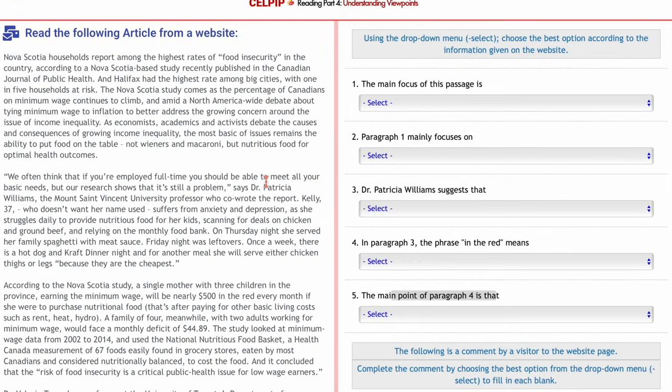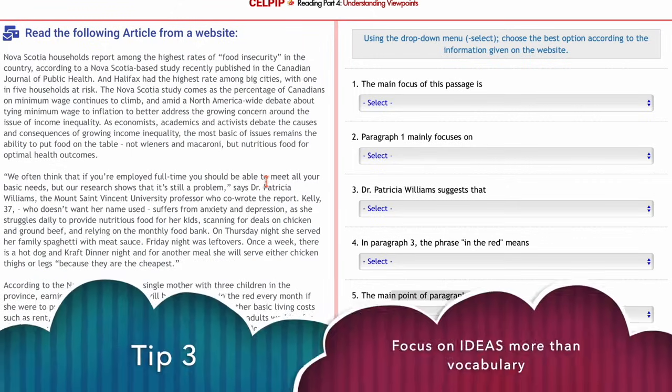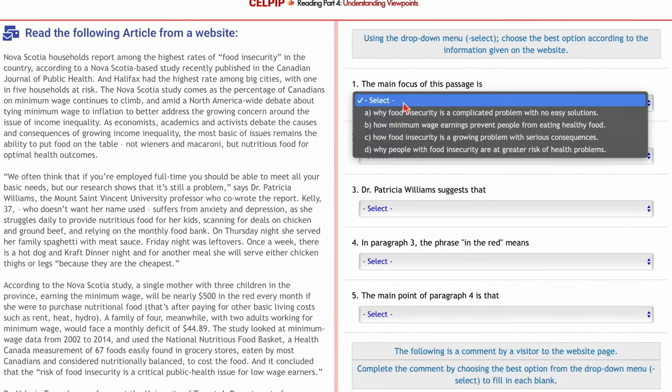And then the second part that I want to say it's a good way for us to read effectively is to focus more on ideas, not vocabulary. This confuses students many times. Many times students get confused because they see similar vocabulary. Over here, we're going to find minimum wage, for example.